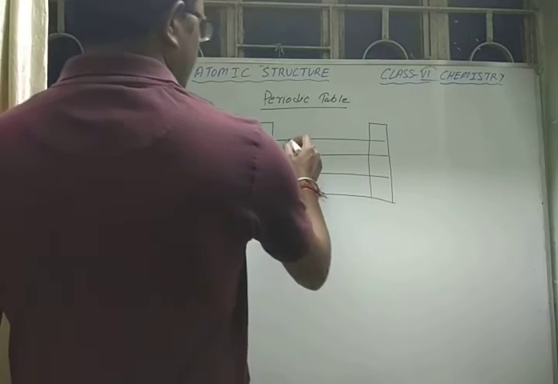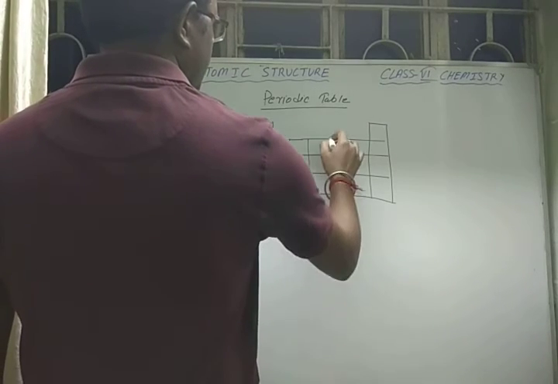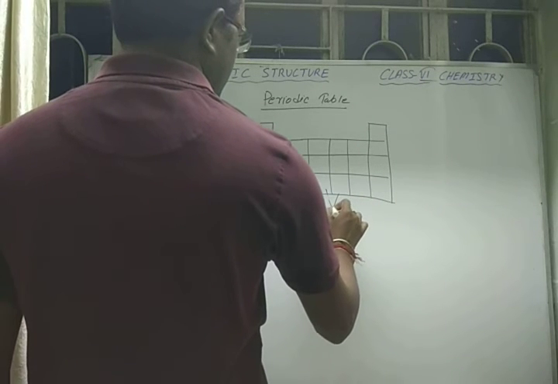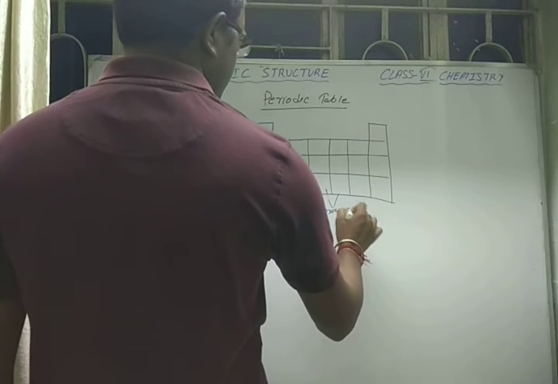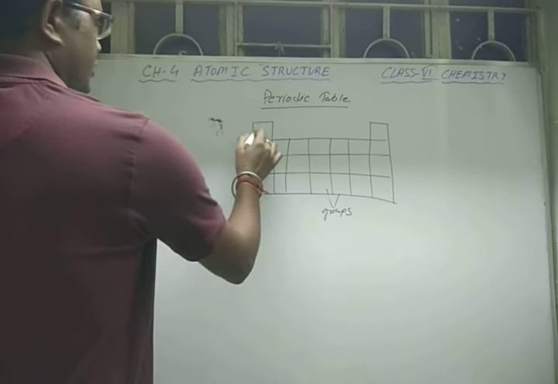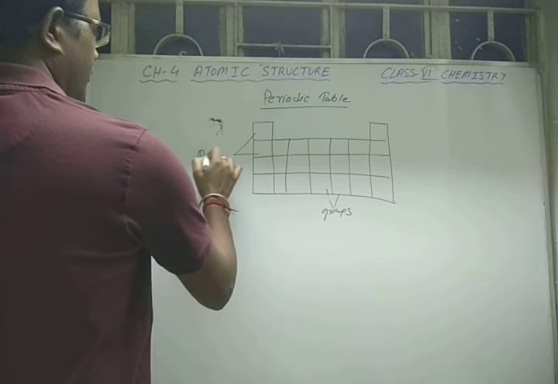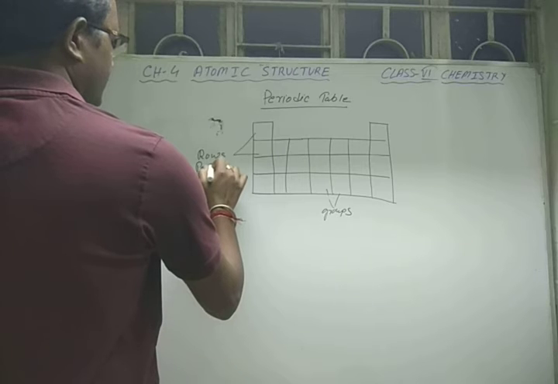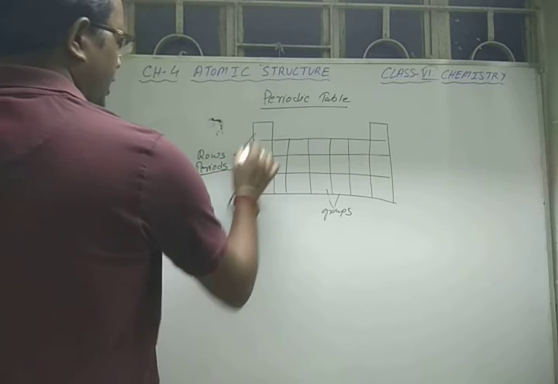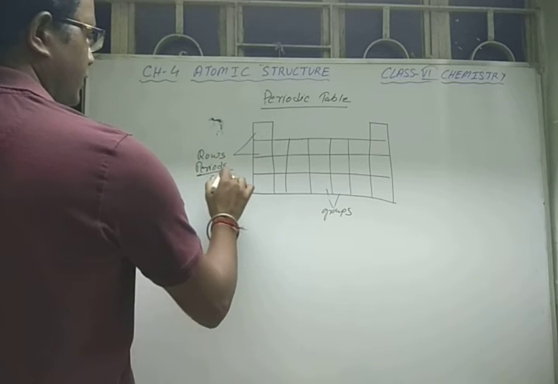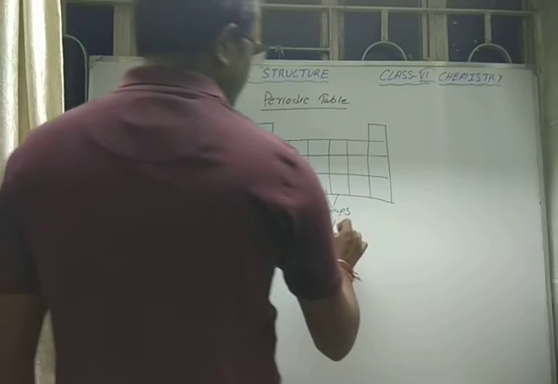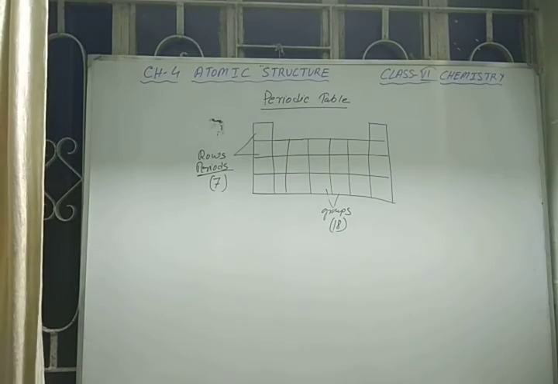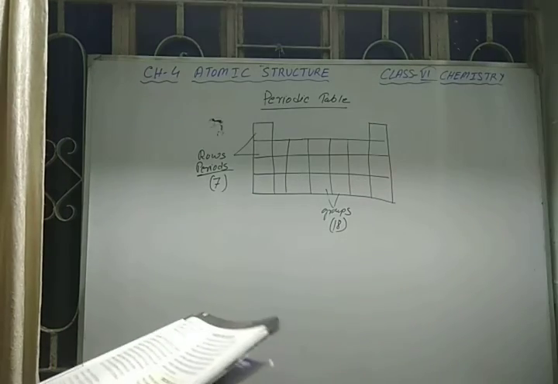These vertical columns are called groups, whereas these horizontal rows are called periods. There are a total of 7 periods and 18 groups in the periodic table.